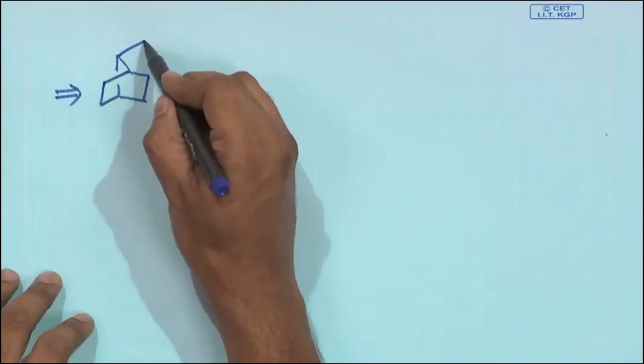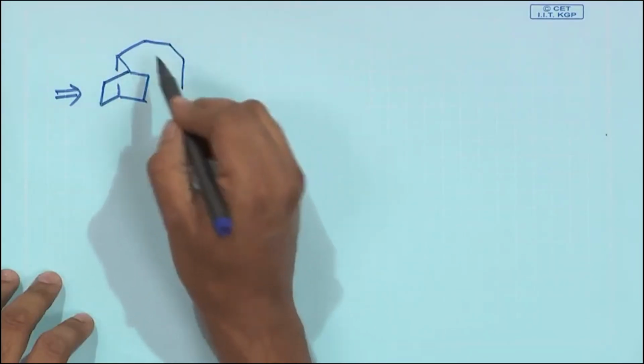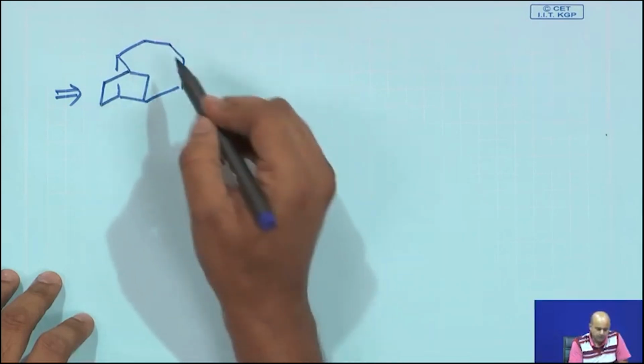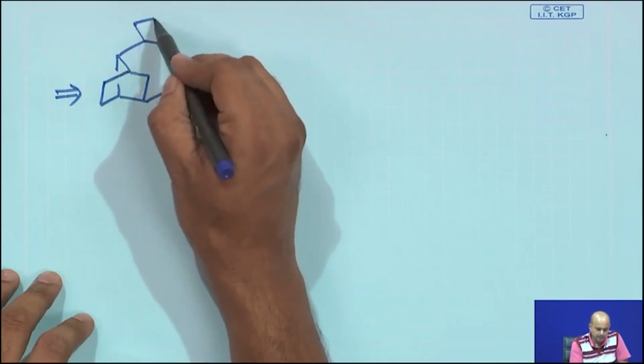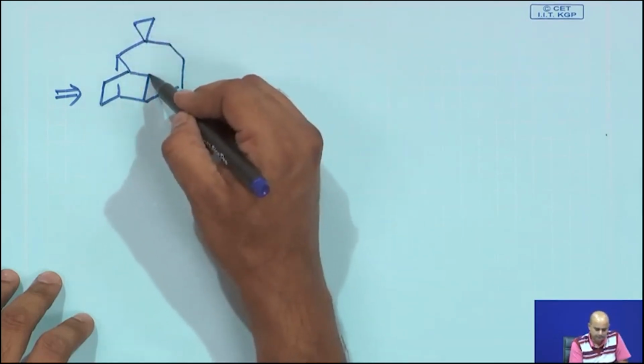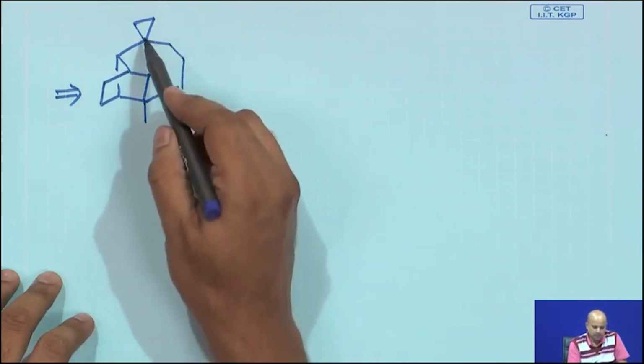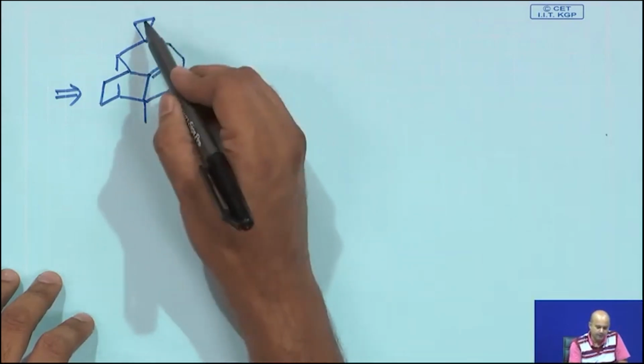Now, for this molecule, I won't draw the structure completely, I will rather do the retro. So, I will initially visualize that if I have something like this, 1, 2, 3, this kind of intermediate, probably I can, this is basically an overbred.